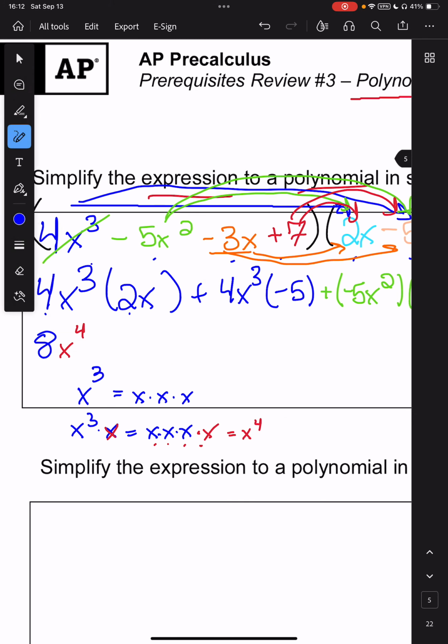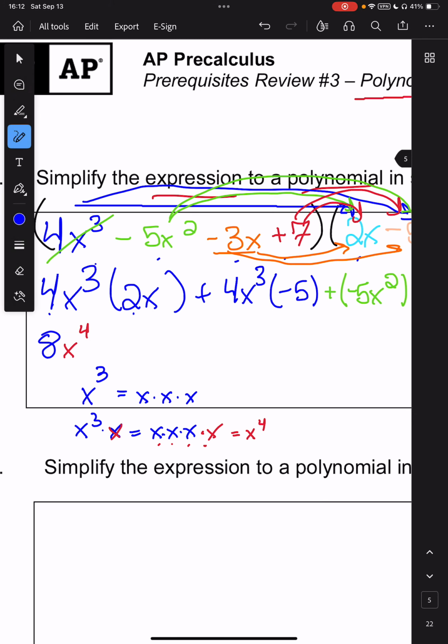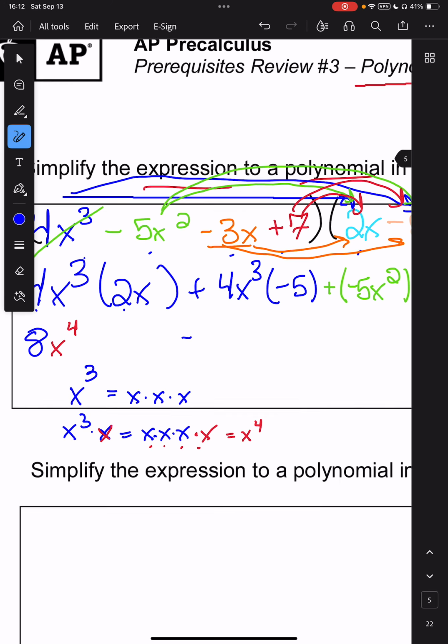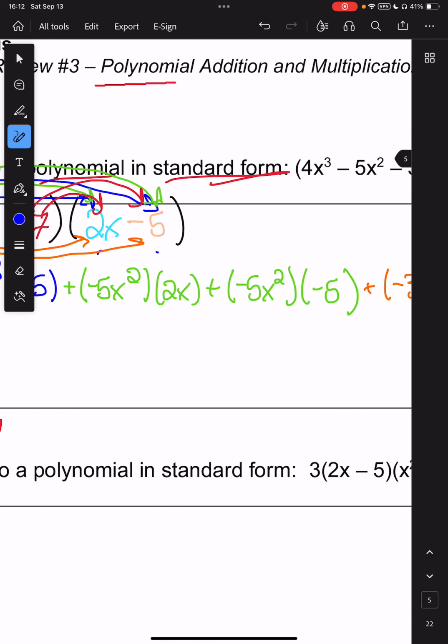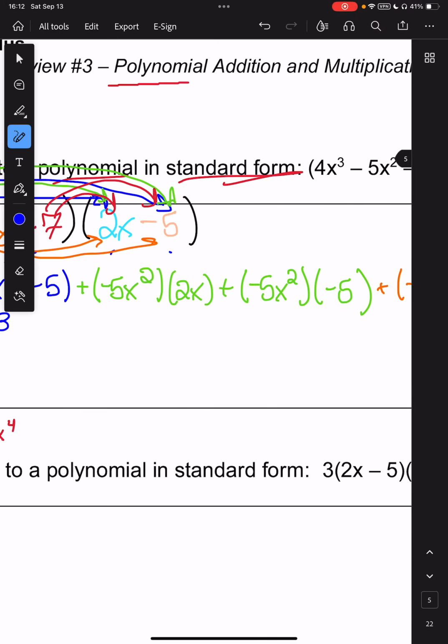Now we are going to multiply our second part, 4x cubed times negative 5. Well, since we're multiplying by a negative, we have our negative. 5 times 4 is 20. And then since we're not multiplying by any x's, it just stays the same. Our next part we have over here, negative 5x squared times 2x.